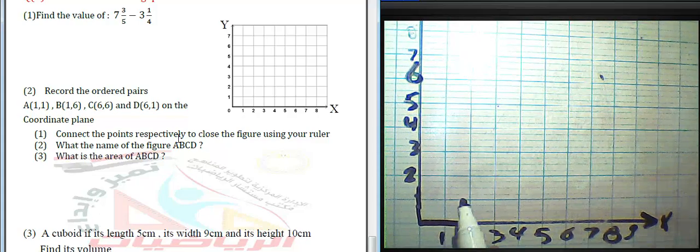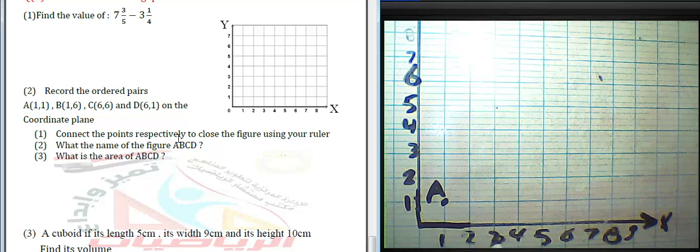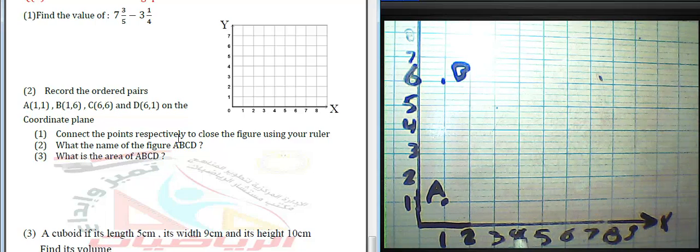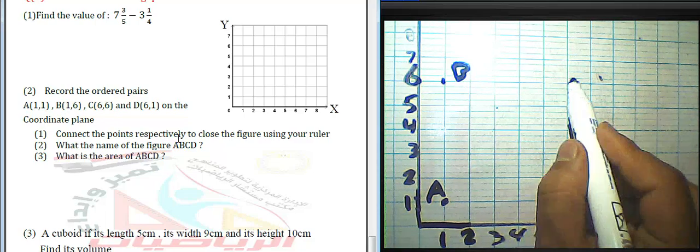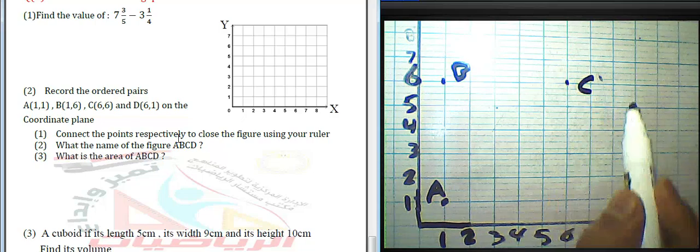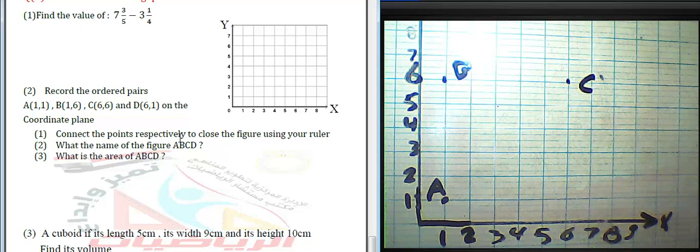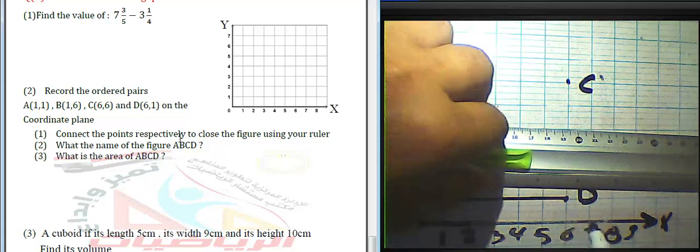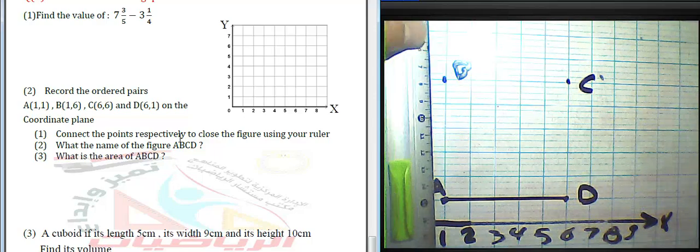The first ordered pair is A, 1 and 1, and B equals 1 and 6. Then C is 6 and 6, and D equals 6 and 1. Then you can join the points A, B, C, D.